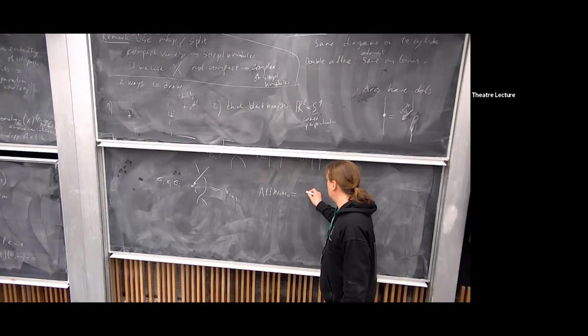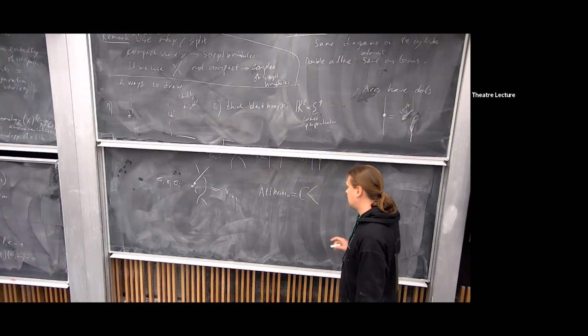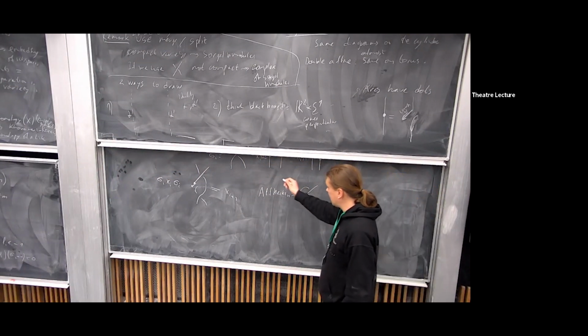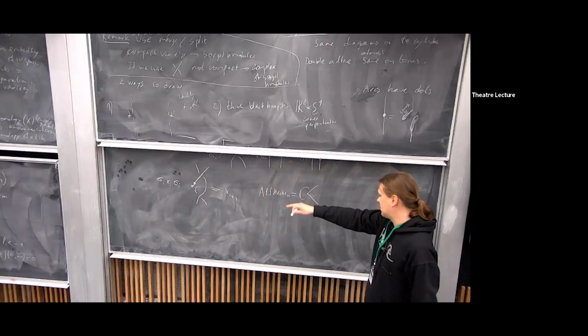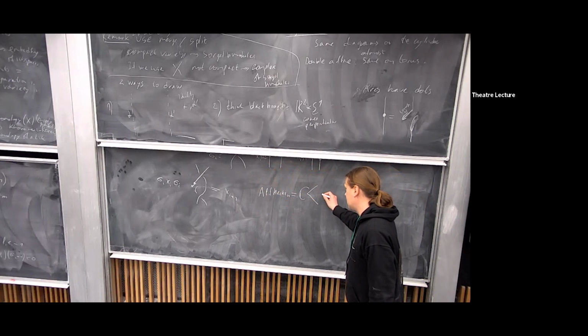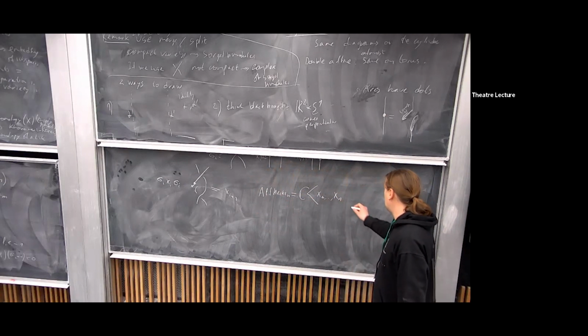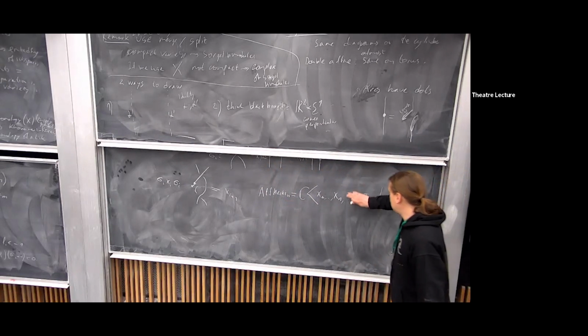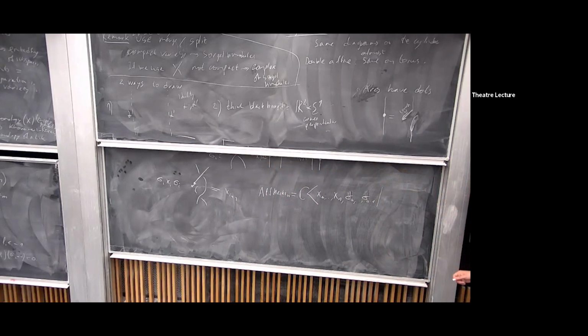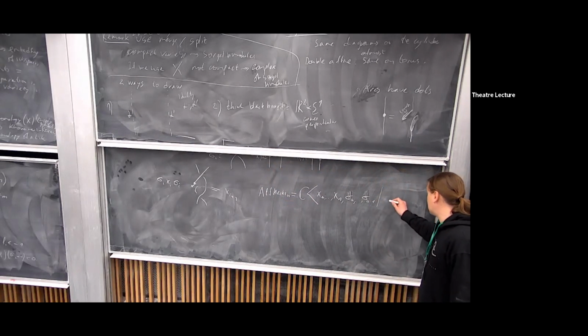This is generated by... there is some slight normalization issue that will make it slightly different, but here is a different preferred normalization. So the generators are x1 through xn and sigma 1 through sigma n minus 1, and the xi's commute.